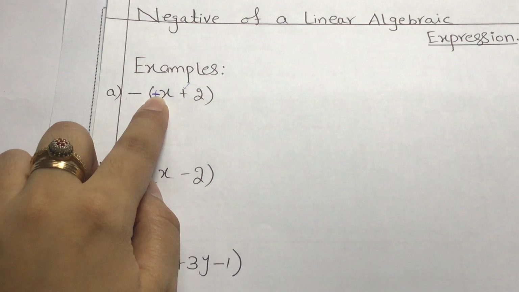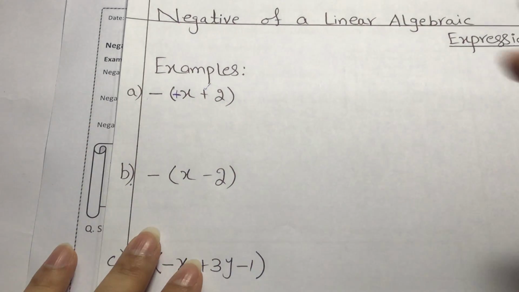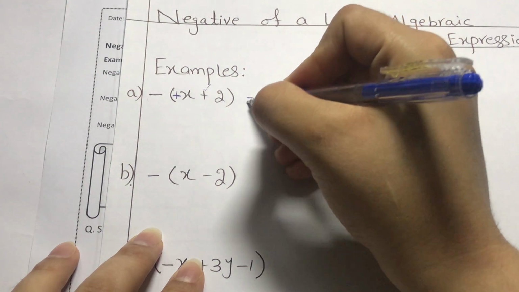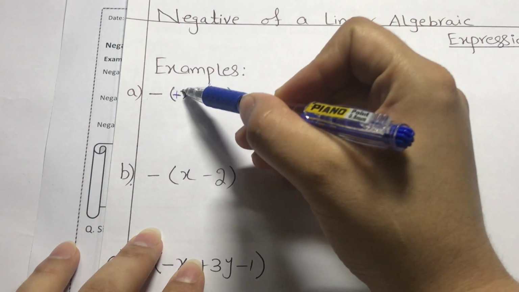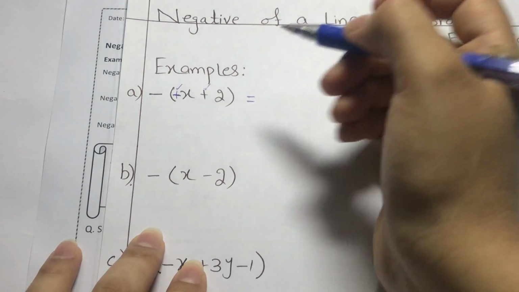That is plus minus minus and plus minus minus, or you can say it like this. This negative sign will change the sign inside the bracket. A positive sign will be a negative sign.